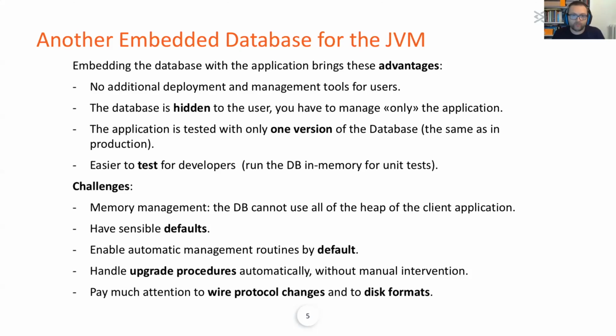It is also easier for developers to test, because you can run the database in memory for unit tests, and you are using the exact database that you use in production. Usually for unit tests you are using simple in-memory databases, but they are not the same as the one you run in production.